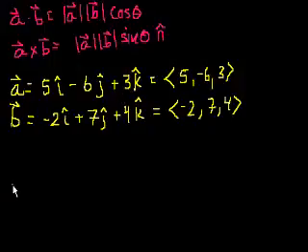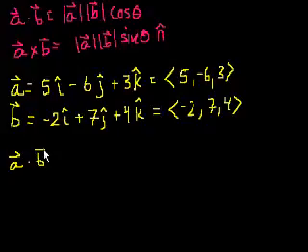But anyway, how do I take A dot B? This, I think you'll find fairly pleasant. All you do is you multiply the i components, add that to the j components multiplied, and then add that to the k components multiplied together.